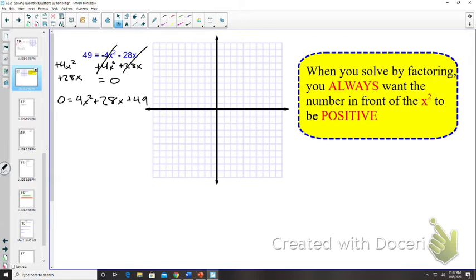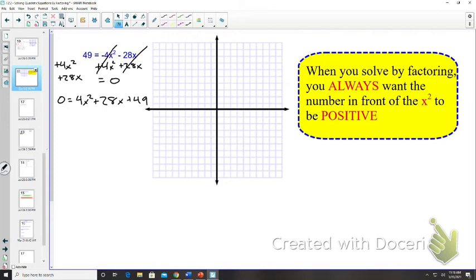Okay, and then in this one, we can't factor out anything, right? 49 only has 1, 7, and 49 as its factors. So now we need to apply our rules here.